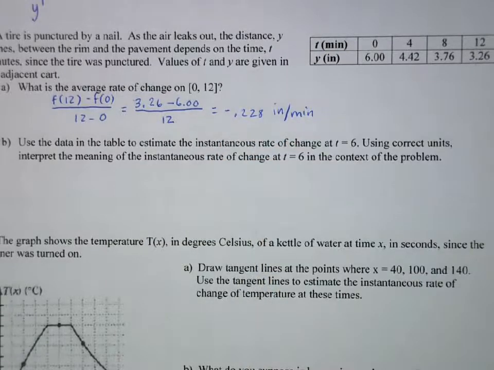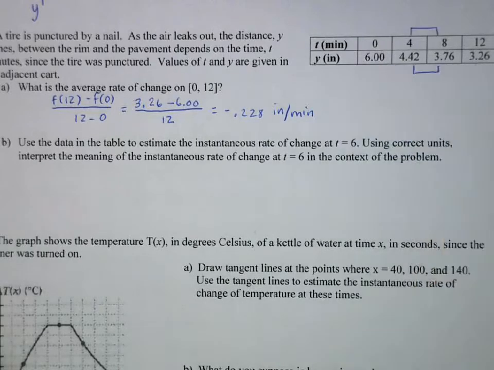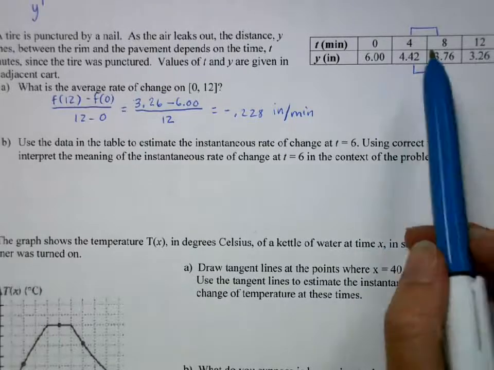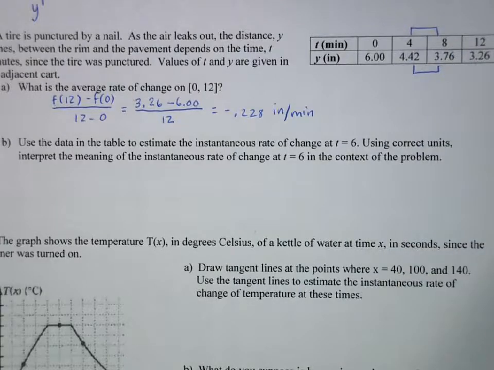Now we're going to use the data in the table to estimate the instantaneous rate of change at t equals 6. Ideally we'd have values that were really, really close to 6 to estimate that, but this is what we're going to work with.